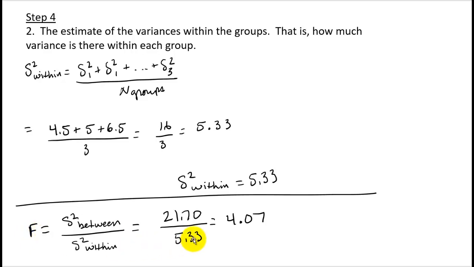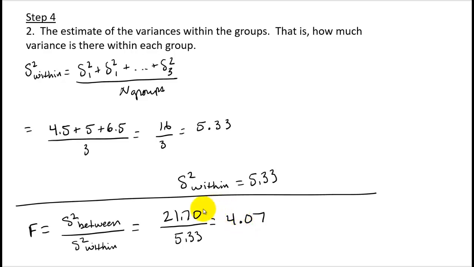We bring that down to the denominator in our equation and we get an F ratio. The ratio of variance between the groups to the amount of variance within the groups is 21.70 to 5.33, or 21.70 divided by 5.33. That gives us an F ratio of 4.07.